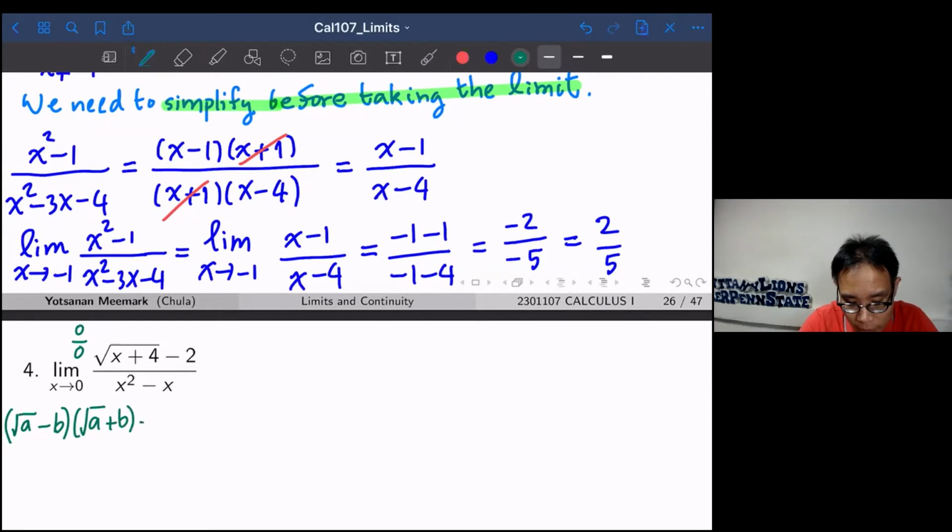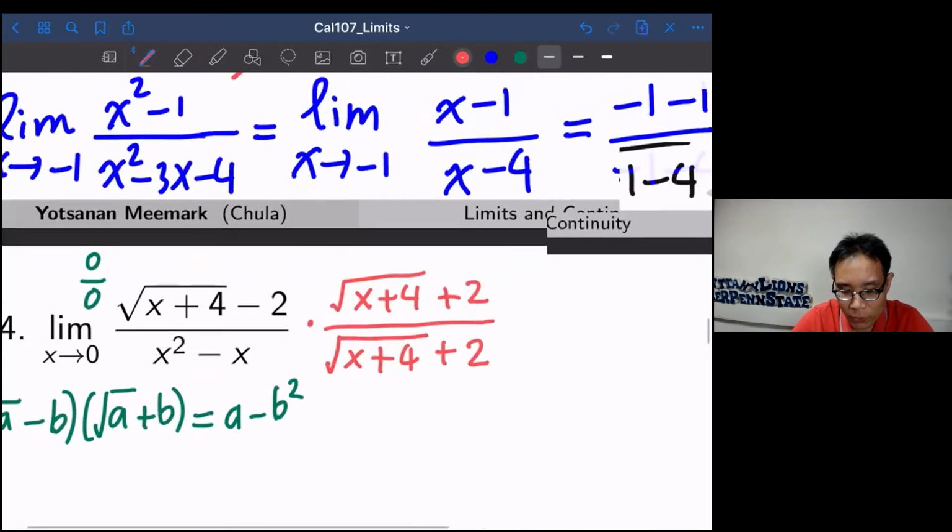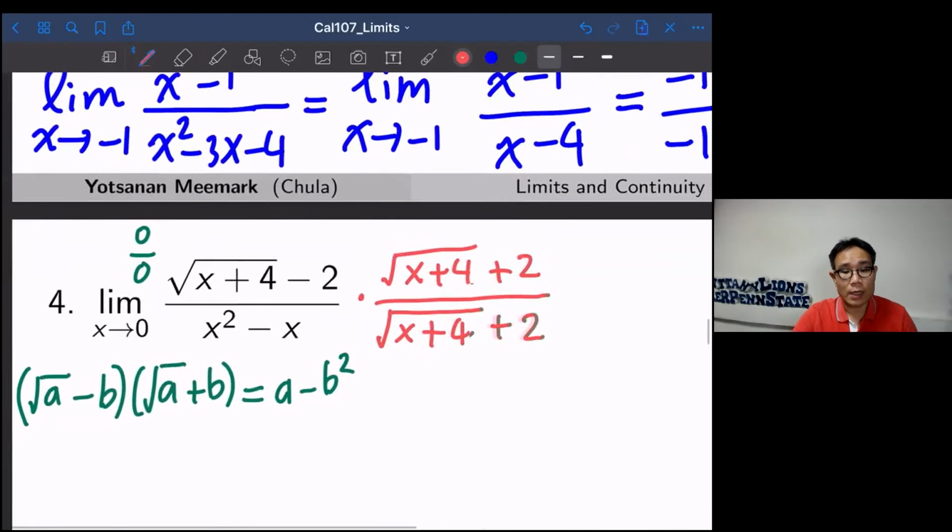This allows you to get rid of the square root, and it becomes a minus b squared. So in this case, you multiply by square root of x plus 4 plus 2 over square root of x plus 4 plus 2. You multiply like this.